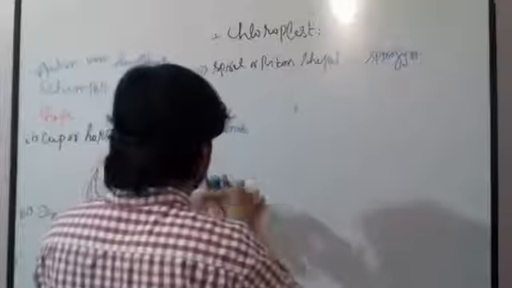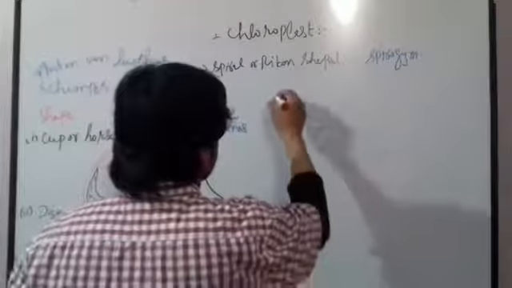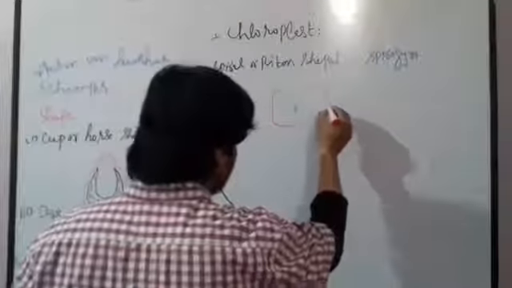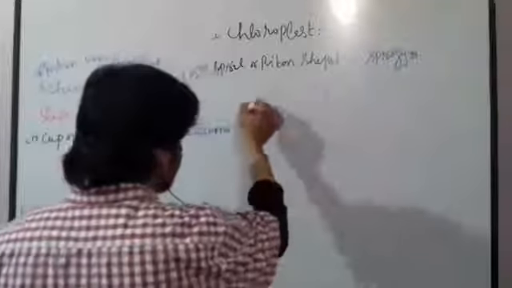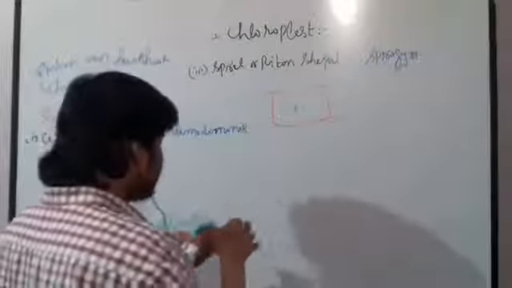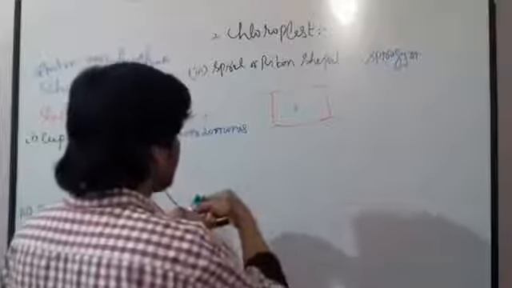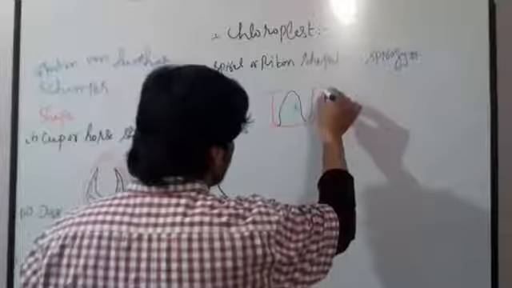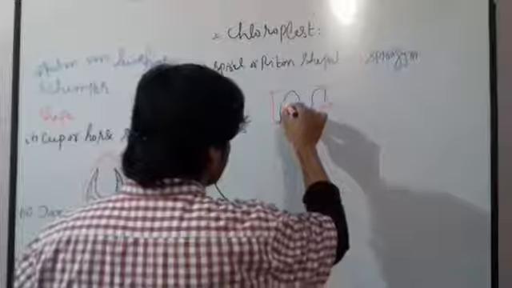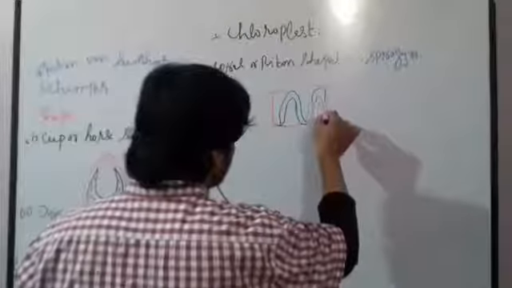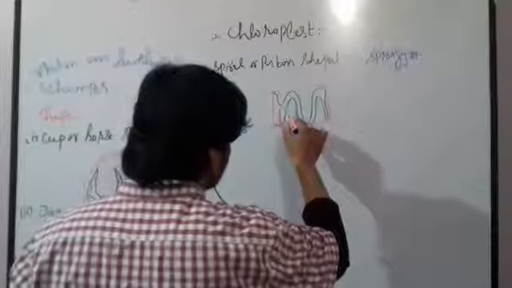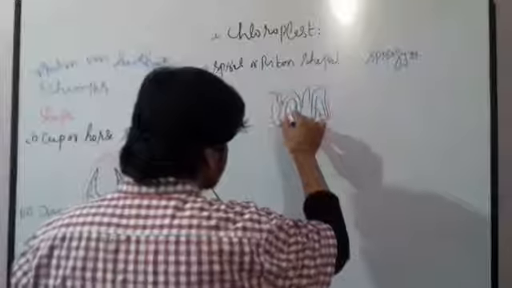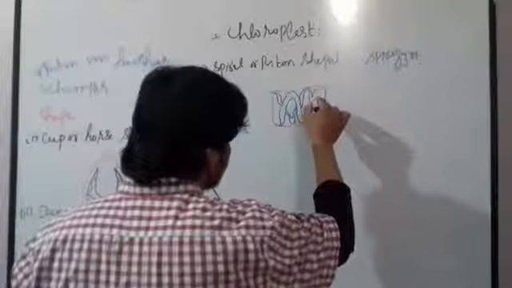Let's suppose this is the cell of Spirogyra. In this case the chloroplast will look like this form. It will look like a ribbon form, just like a spiral-like shape. So this is the chloroplast of Spirogyra.